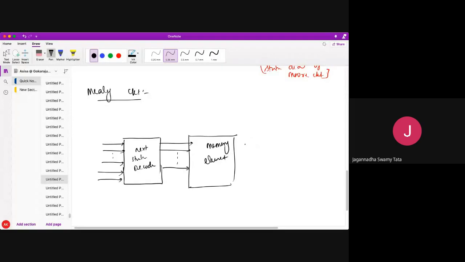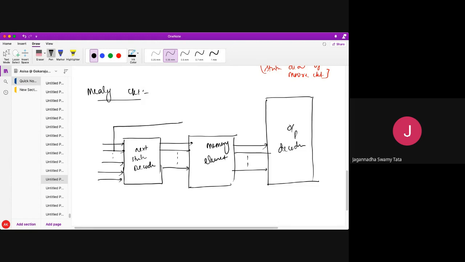Okay, next the output decoder. So you can see here what I'm doing. This is my output decoder, and here some of the inputs will be connected to the output decoder as well.